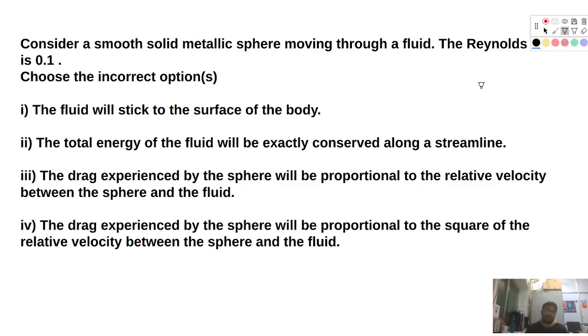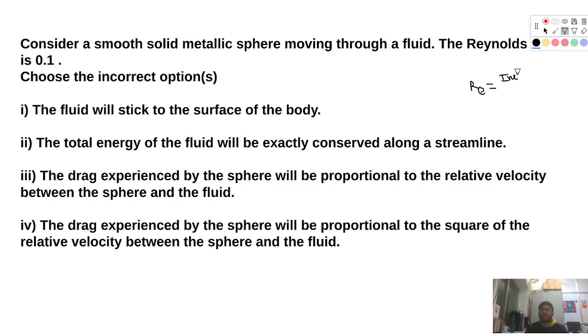Reynolds number, Re, tells us the ratio between the first and the third term in the Navier-Stokes equation.